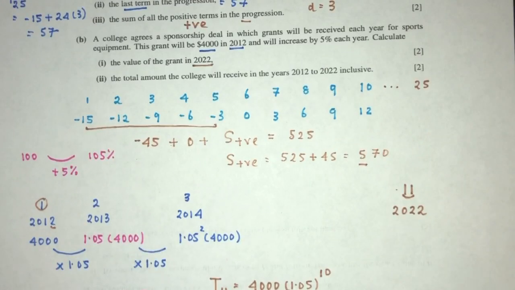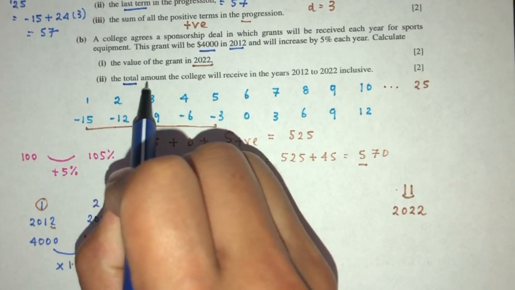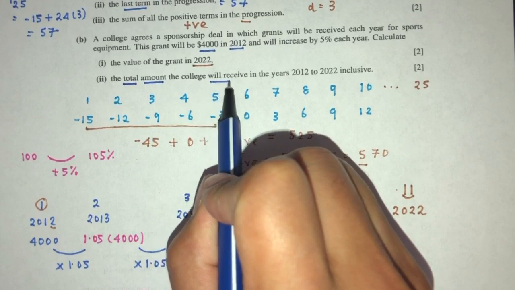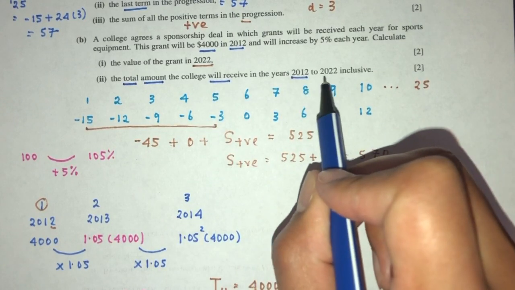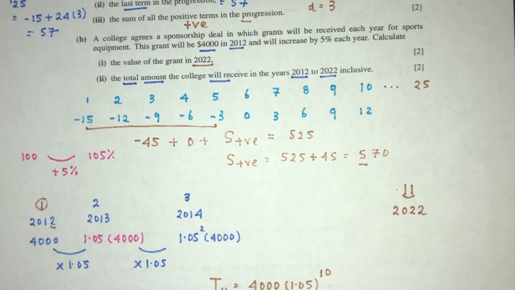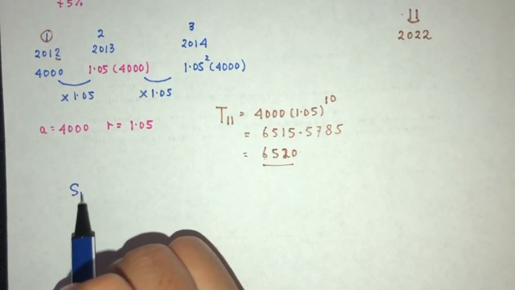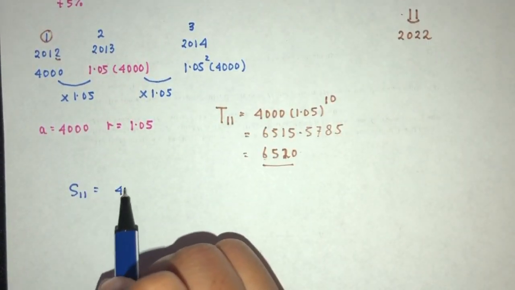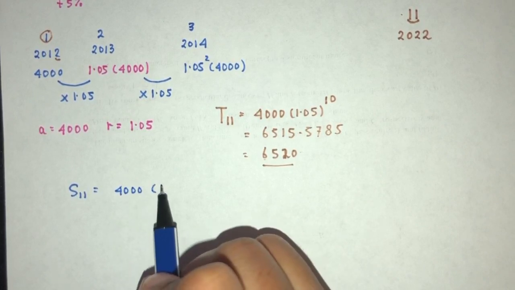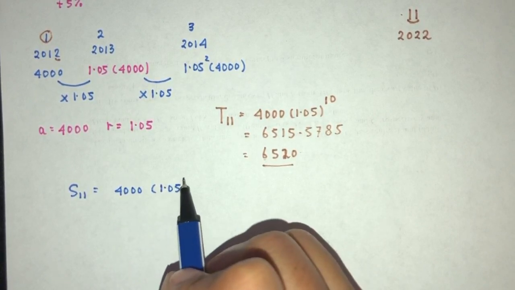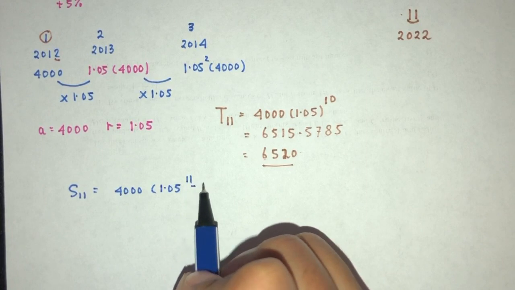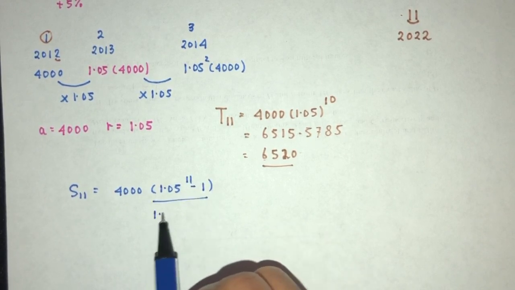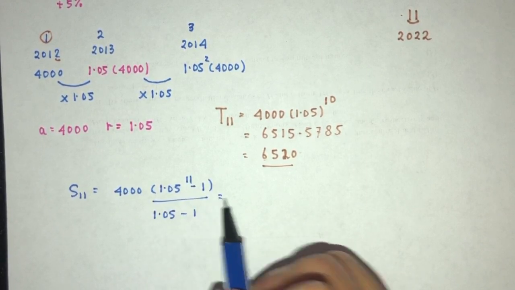Now for part 2, we have to find the total amount the college will receive in the years 2012 to 2022. So for the 11 years. So sum of the first 11 years should be A is 4,000, times 1.05, which is R, power n, 11 years, minus 1, over 1.05 minus 1.